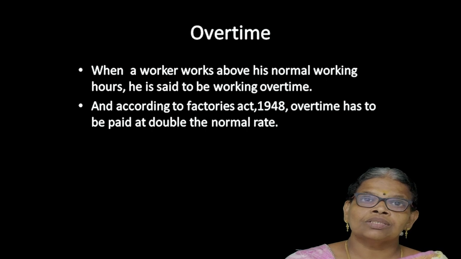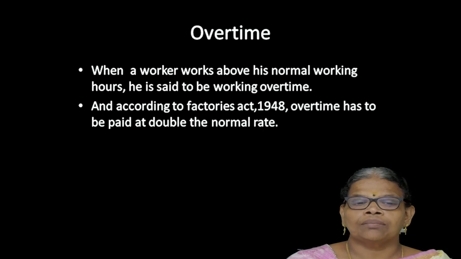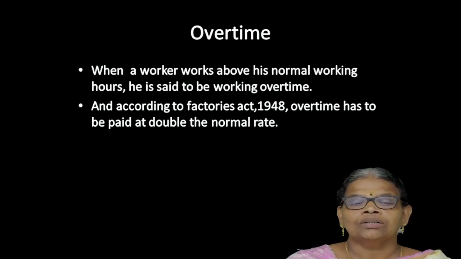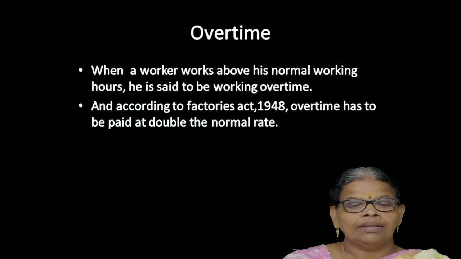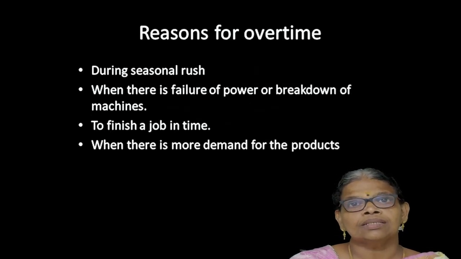If they work beyond 5 p.m., it is called overtime. So when a worker works above the normal working hours, he is said to be working overtime. According to the Factories Act 1948, overtime has to be paid at double the normal rate. For example, if it is 100 rupees per hour, overtime is 200 rupees per hour. As per the Factories Act, overtime wages are double.